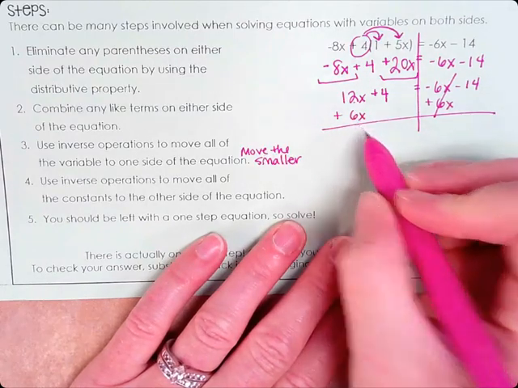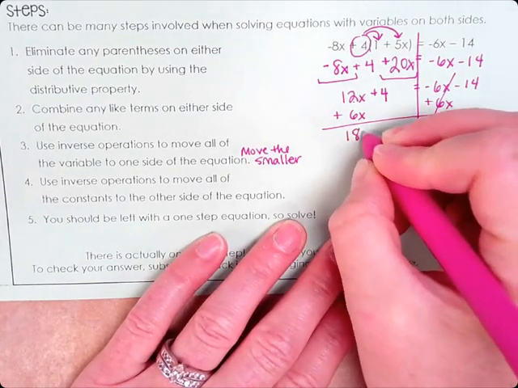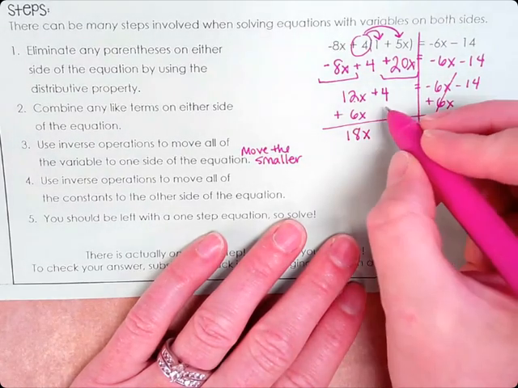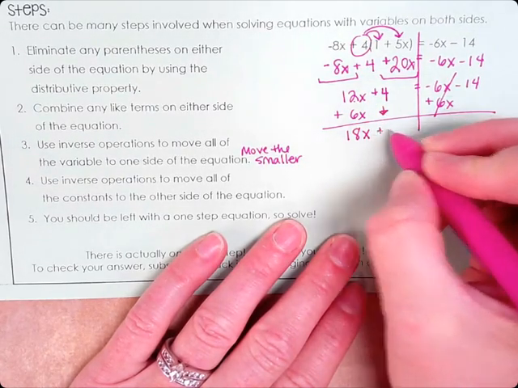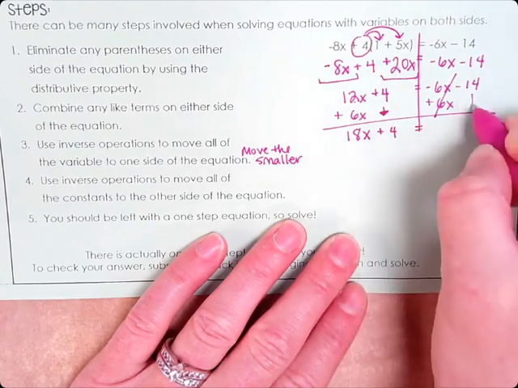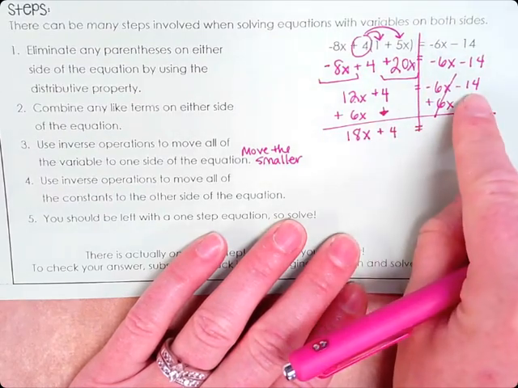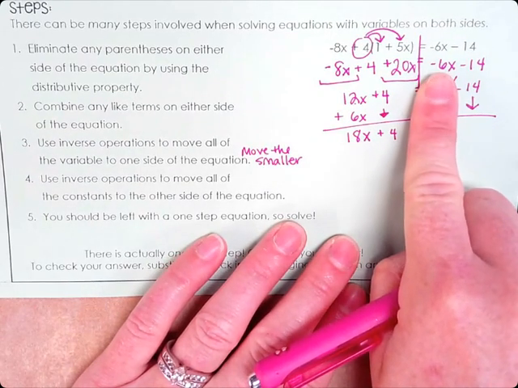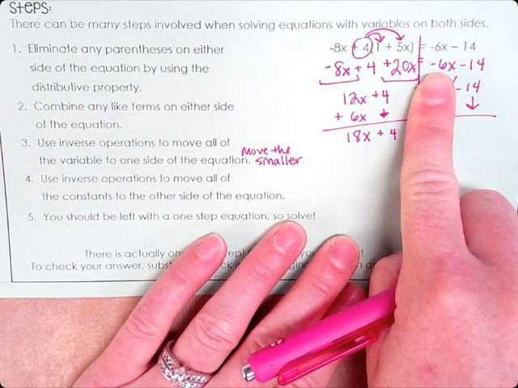Now I have 12x plus 6x, 18x. And then just carry down the plus 4. Do I carry down 14 or negative 14? Negative 14. Yeah, because if I ignore what's in front of it, that is a negative 14, not a minus 14, not a plus 14.